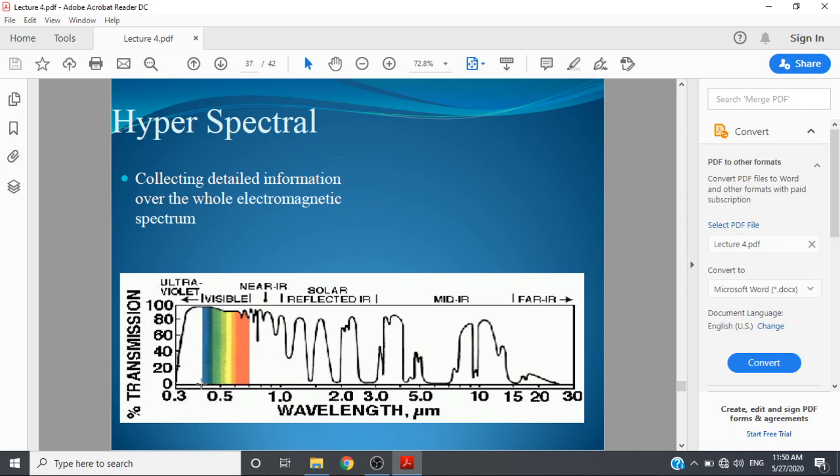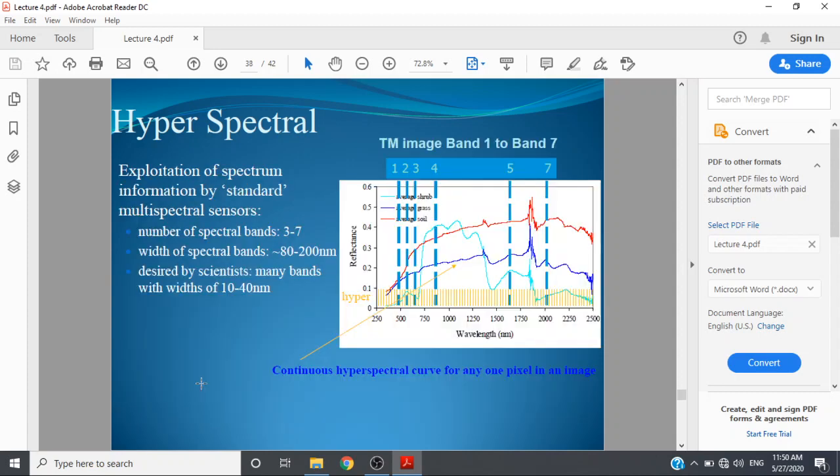Here the hyperspectral sensor collects detailed information for the whole electromagnetic spectrum. Compared with a standard multispectral sensor, which has 3 to 7 spectral bands with widths of 80 to 200 nanometers, hyperspectral has many bands with widths of 10 to 40 nanometers.